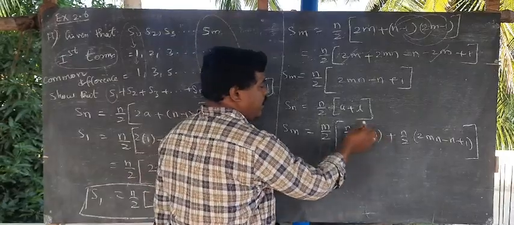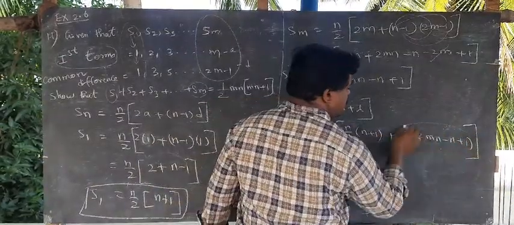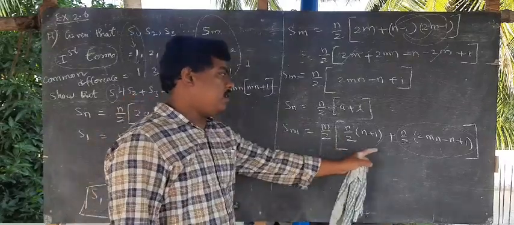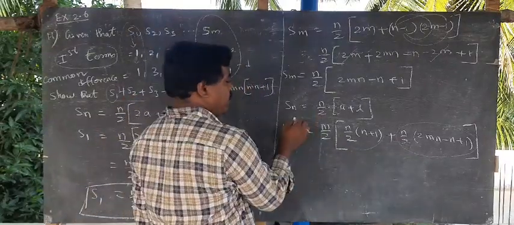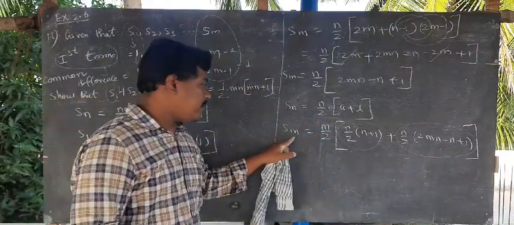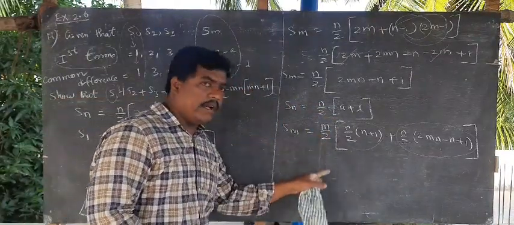This is a, this is l, first term, last term. For this we need to find the Sm series, so here I put Sm. So m by 2.